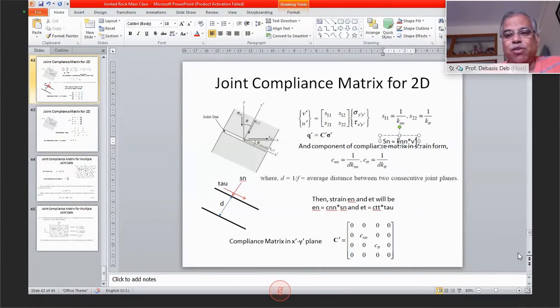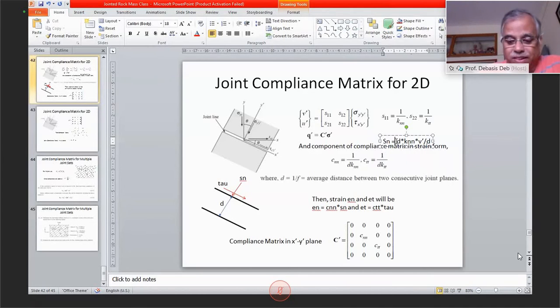Now I want to replace this by V dash by D. If I do V dash by D, there will be a D multiplied here.